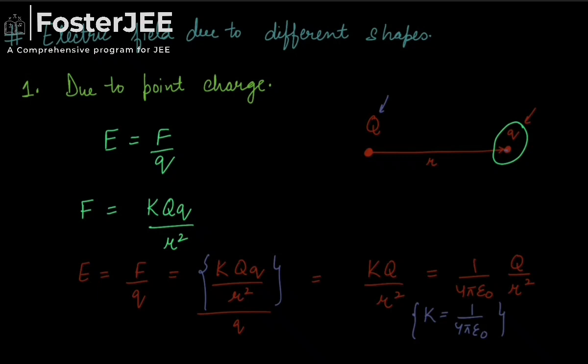After that, we divided this force expression by the charge on which the force was written. So, in the result, we get the electric field due to this charge at any distance r. So, due to point charges, it is 1 upon 4 pi epsilon naught q upon r square.